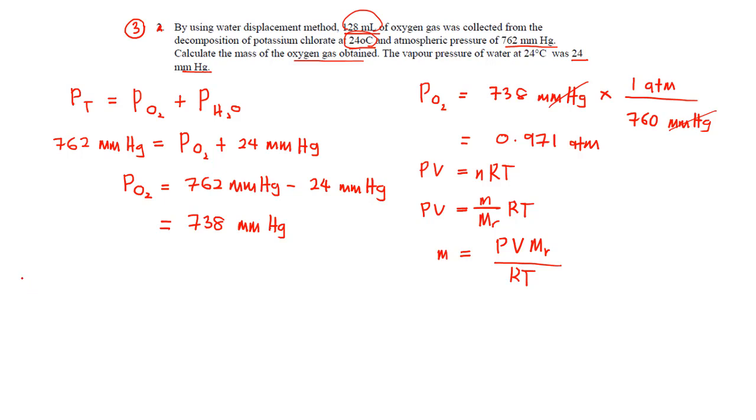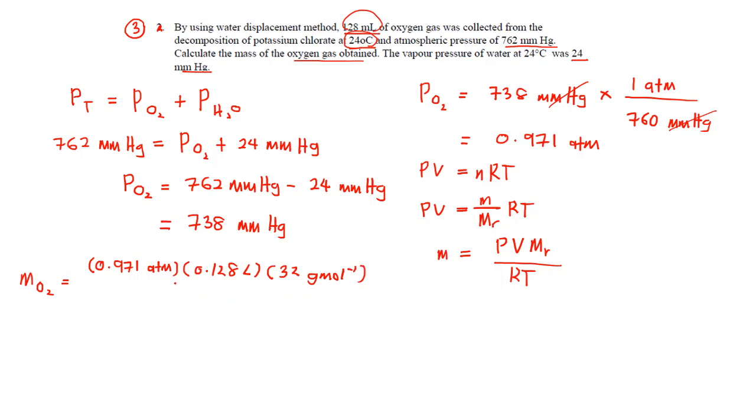So to find the mass of oxygen gas, the pressure is 0.971 atm. The volume is in milliliter, so you must change to liter lah. Divide by 1000, should be 0.128 liter. And the molar mass of oxygen gas: one oxygen is 16 gram per mole, but oxygen gas kena ingat O2, so times 2 will give you 32 gram per mole.